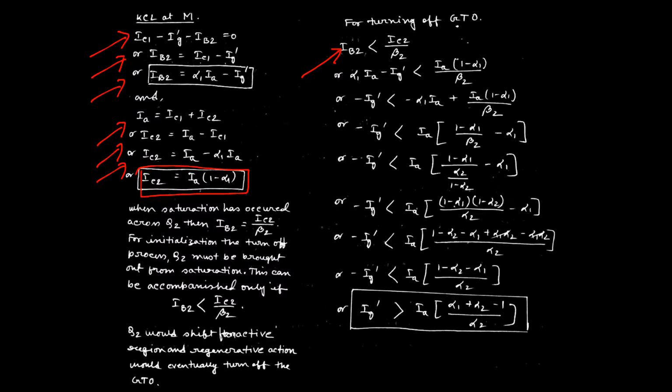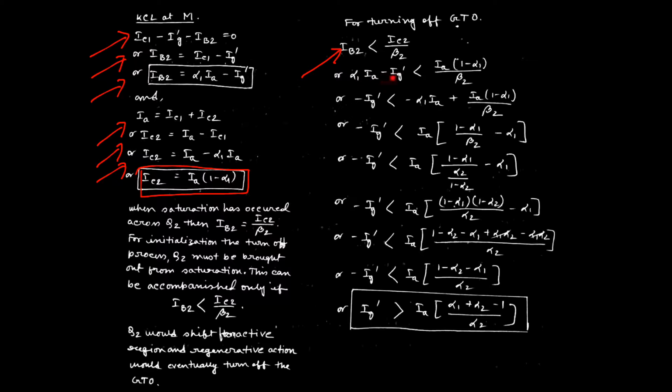From the structure or the schematic circuit diagram, IB2 can be replaced by alpha 1 IA minus IG1, as described in this particular case. Okay, IB2 means alpha 1 IA minus IG1.